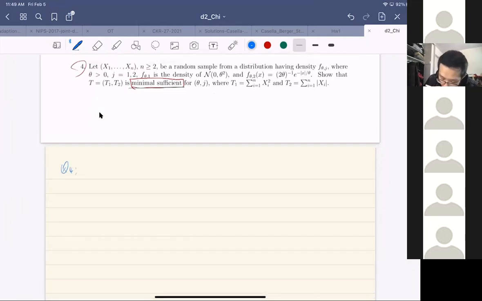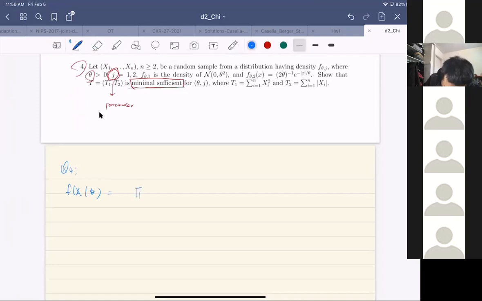We want to find the minimal sufficient statistic, so we have to use a theorem. Look at the density. The only thing you have to be careful about is that z is a parameter. Here we have two parameters: one is theta, another one is z. So we have to write the formula like this.